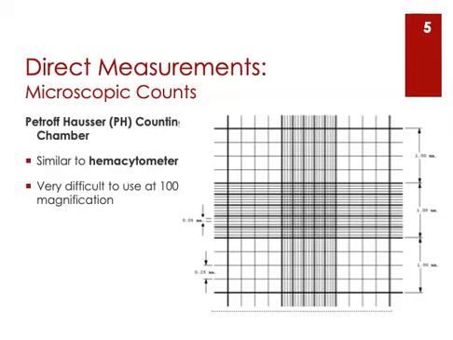That, remember, is a 1000x total magnification. It's difficult to use these counting chambers at that high of a magnification. They were really designed to be used at lower magnification lenses.